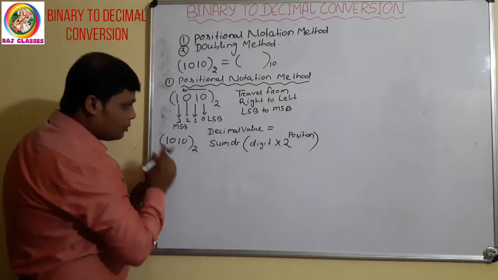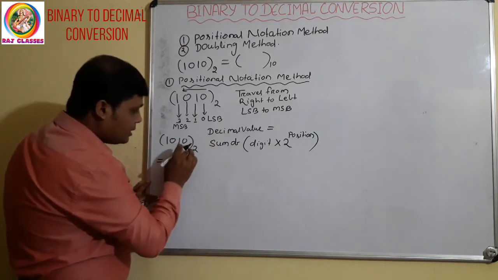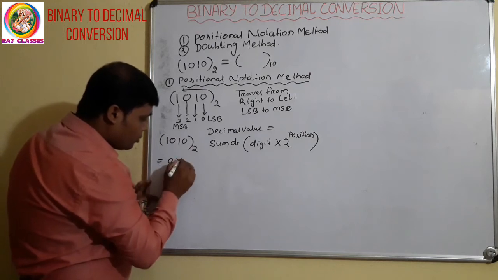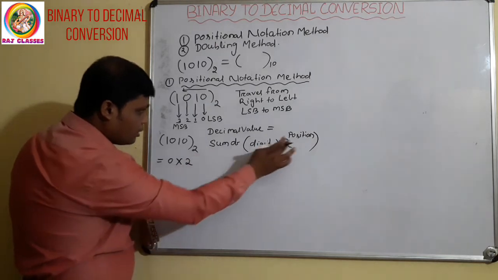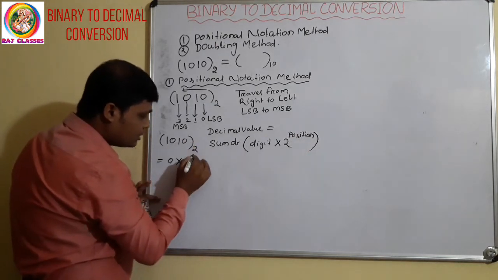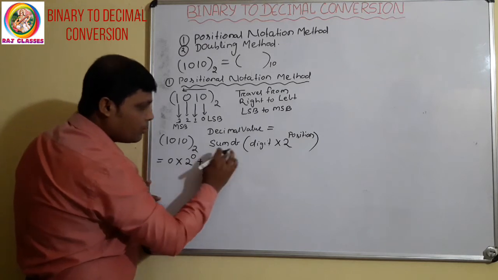This is position 0. This is the first digit, 0, into 2 to the power position. Here for this digit the position is 0. Then plus, we have to find the sum.